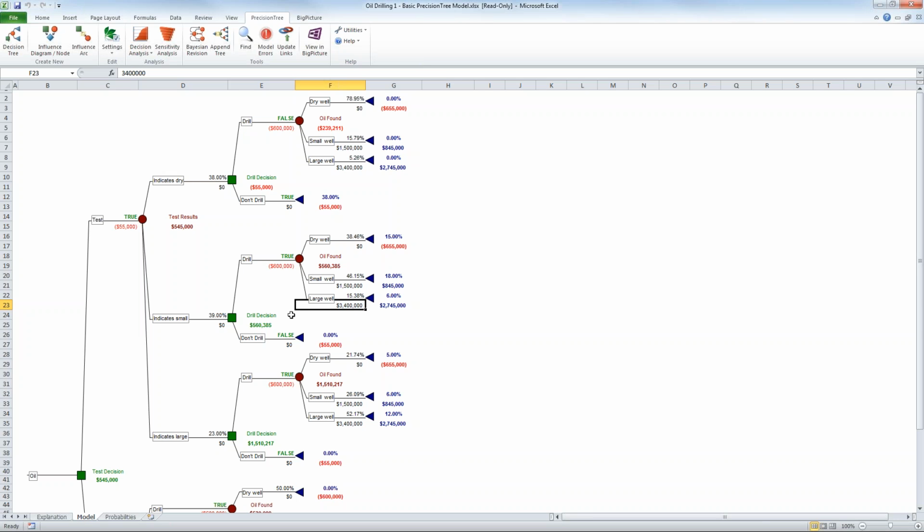But what you can see is it lays out that decision for you, and then you can see the values and the probabilities. Like, okay, there's an 18% chance that we will have that $845,000 bump versus the 6% of having $2,745,000.